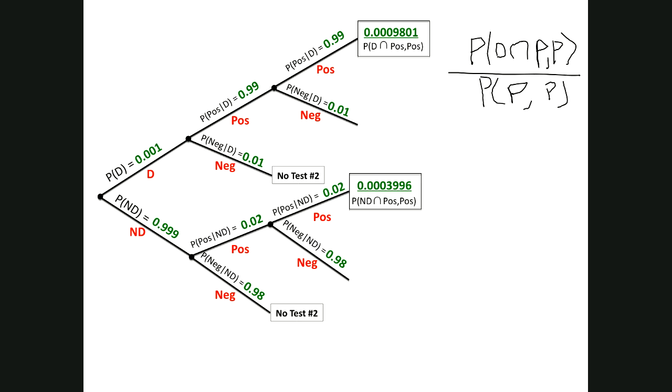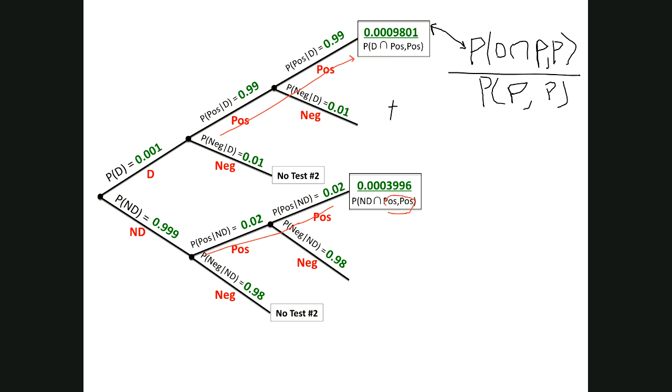And again, this value is the numerator. So the question is, what's the denominator? Well, the denominator is just going to be the sum of these two cases, because here's the situation where we have two positive tests back to back. You can see it along that branch. And here's the situation where we have two positive tests. So the total value is the sum of those two.